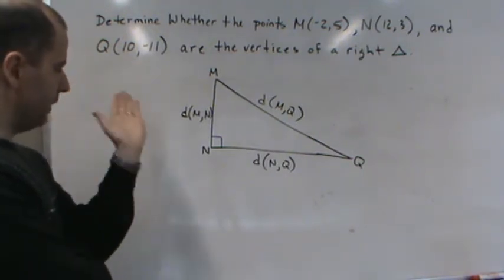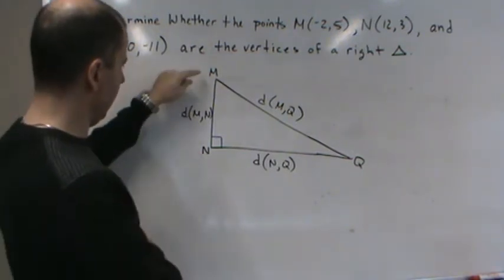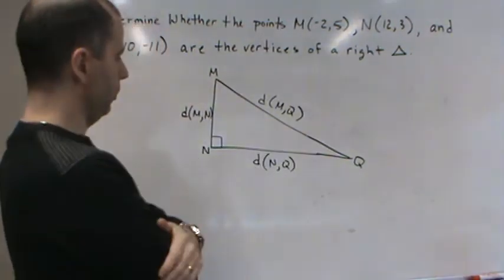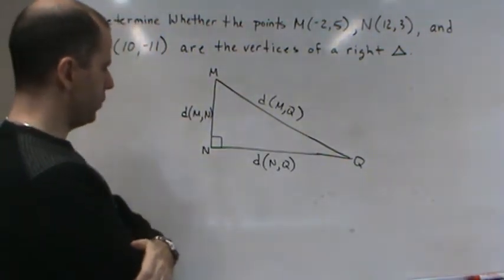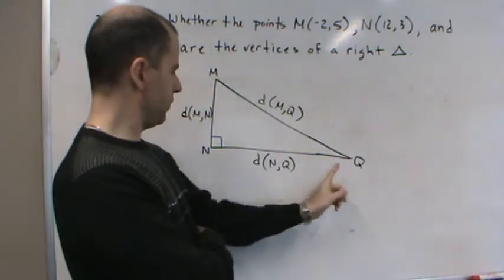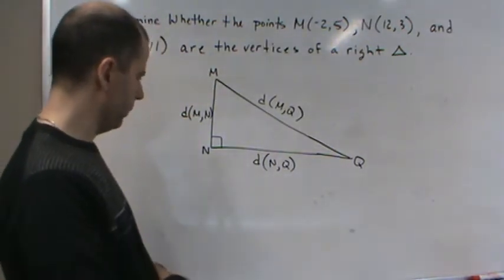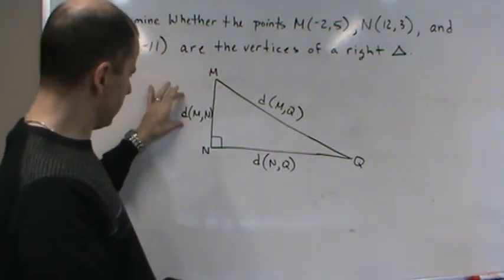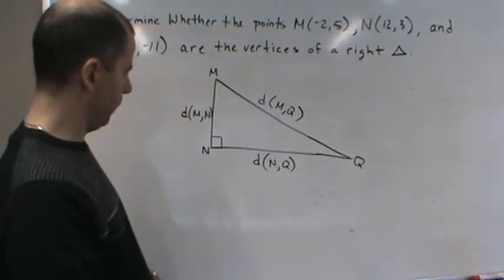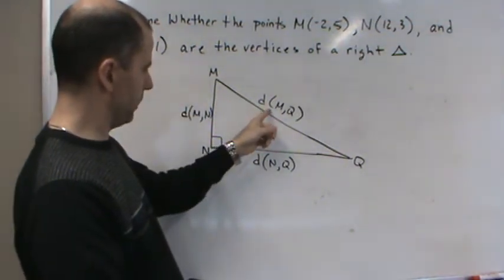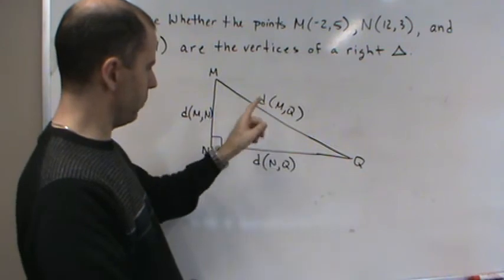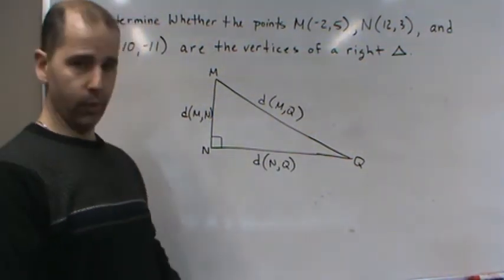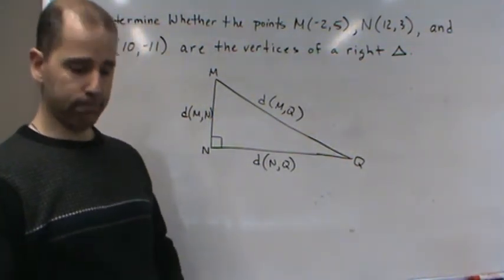If N, M, and Q are the vertices of a right triangle, then the distance between these 2 points squared plus the distance between these 2 points squared would have to equal the distance between these 2 points squared, by the Pythagorean theorem, right?